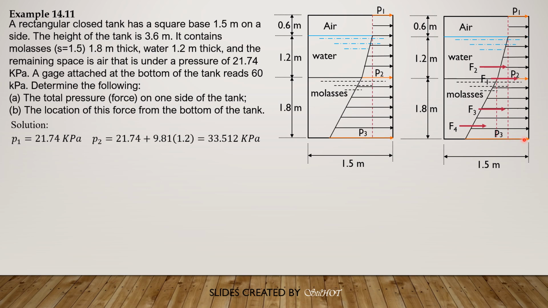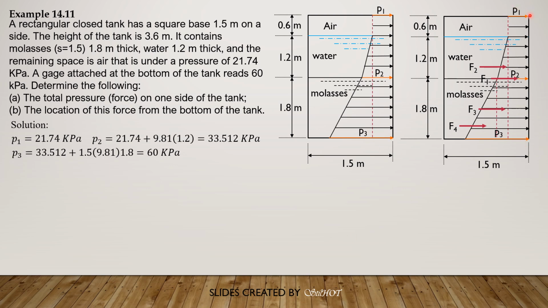To prove that this is 60, it is equal to P2 plus the specific weight of molasses, which is specific gravity times 9.81 times thickness 1.8. So P3 is 33.512 plus 1.5 times 9.81 times 1.8. So that's 60 kilopascals.